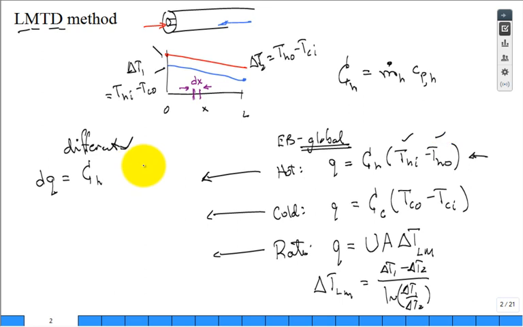So I'm going to put dTh/dx right there. Can you see that when I multiply the derivative of the hot temperature profile times dx, that gives me a small change in the hot temperature?